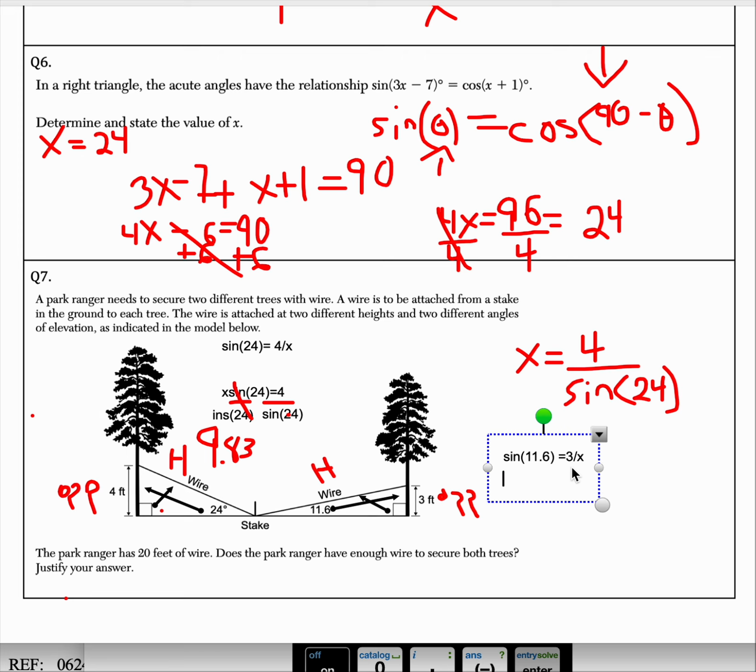Okay, we multiply both sides by x, and we get x sine 11.6 equals 3. And then we divide both sides by sine 11.6.